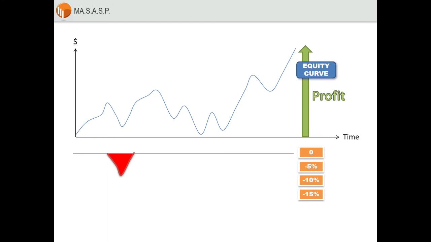This bottom chart is referred to as the underwater curve. The y-axis of this underwater curve represents losses, then negative returns, expressed in percentage.